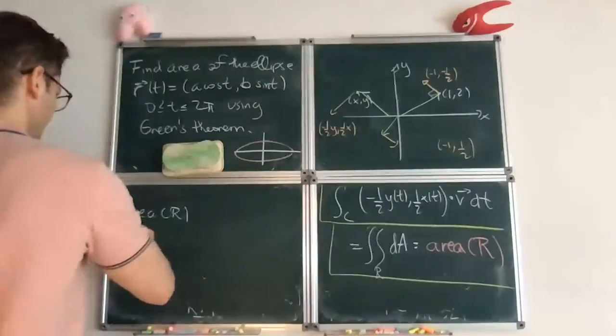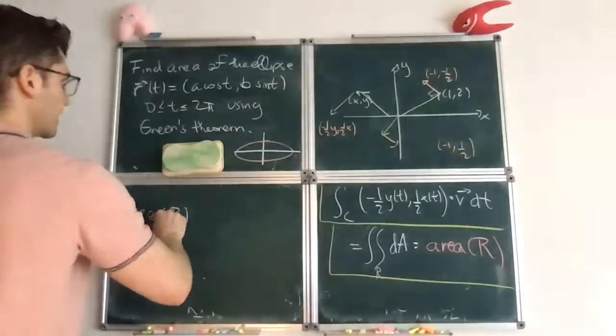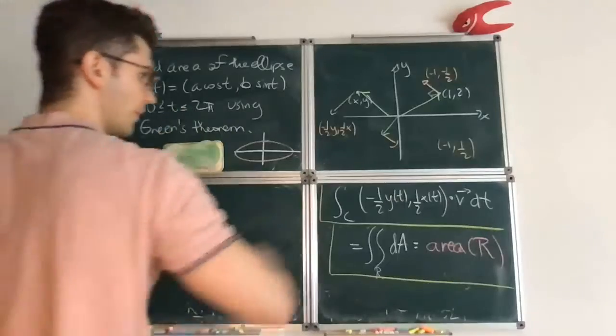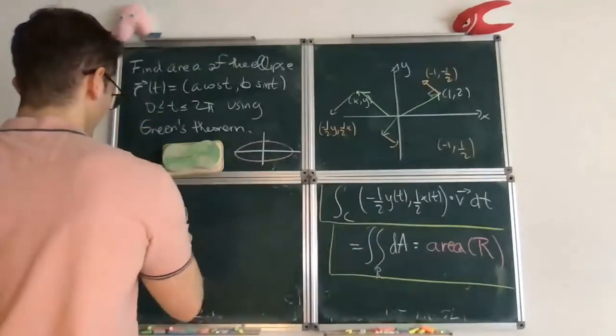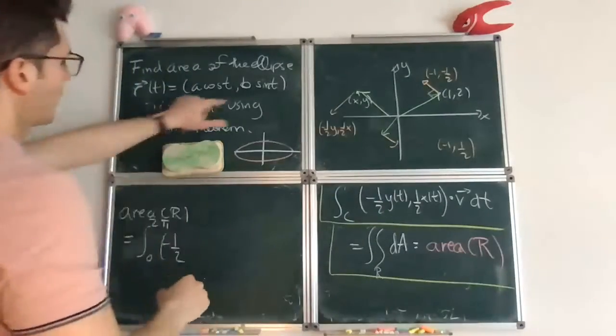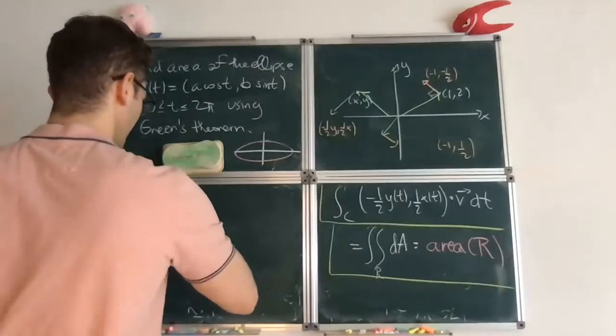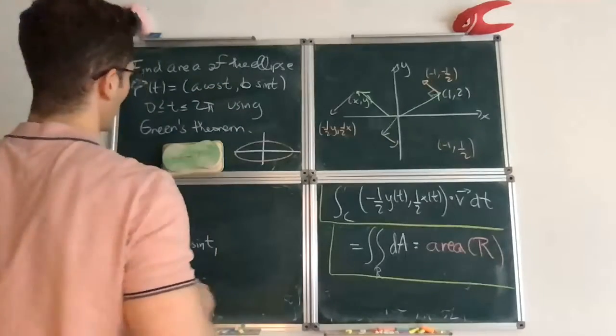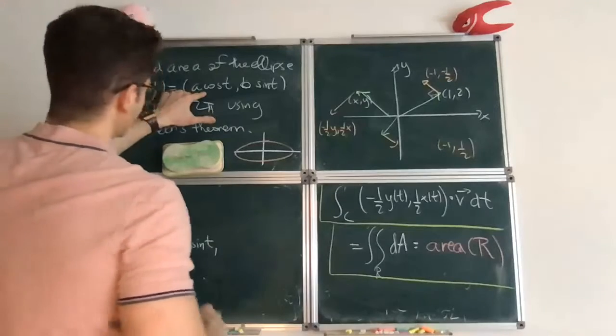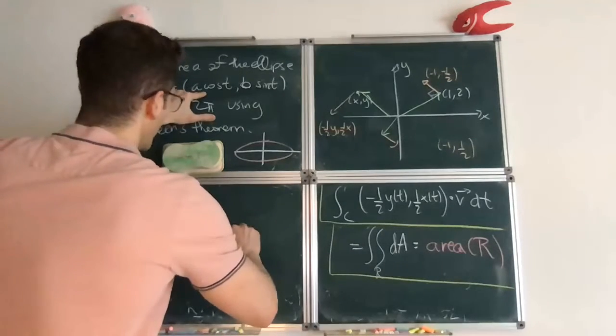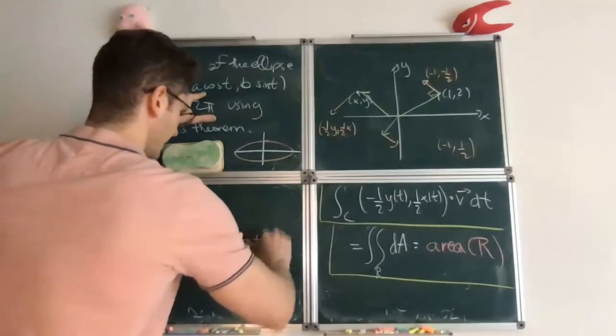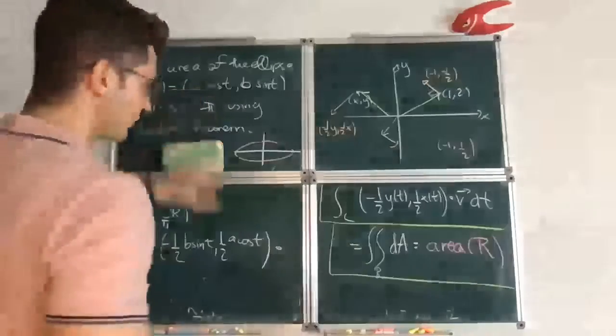The curve goes from 0 to 2 pi, because that's the time that I gave you, of minus 1 half y of t, where y of t is b sine of t, and 1 half x of t, which is 1 half a cosine of t. And that's the dot product with the velocity.